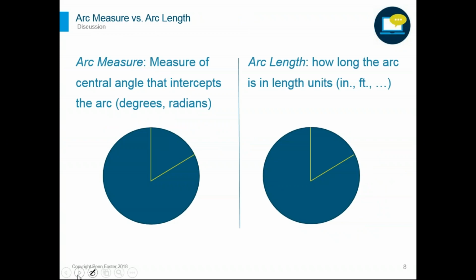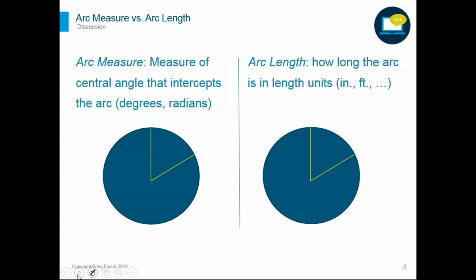Okay, so arc measure and arc length. What is the difference? So far we have seen arc measures in degrees, like the BC was 30 degrees. What about the arc length? Well, the arc length is how many inches or how many centimeters or how many feet this arc measures.